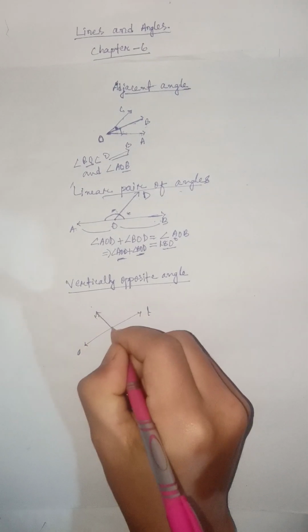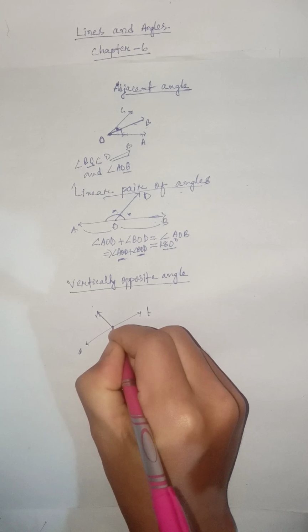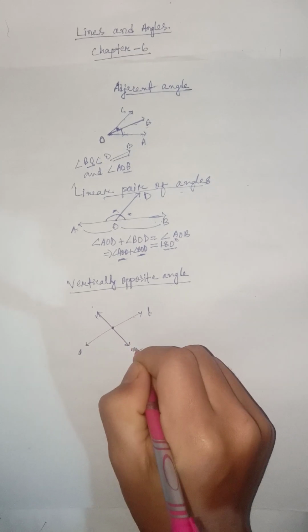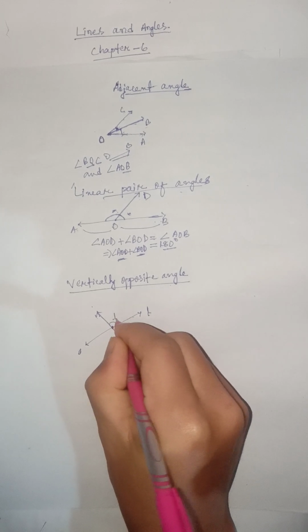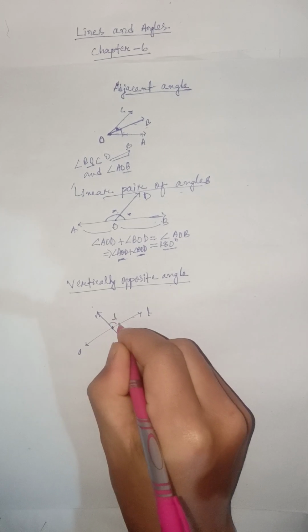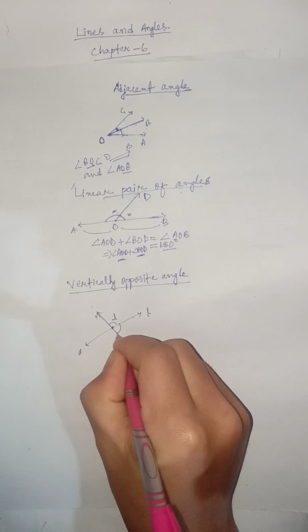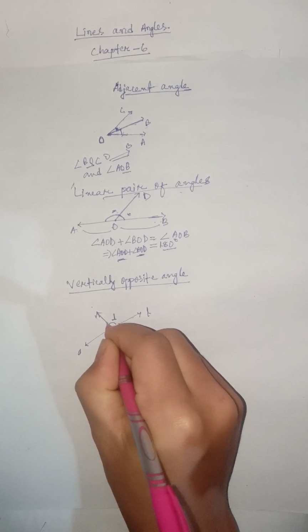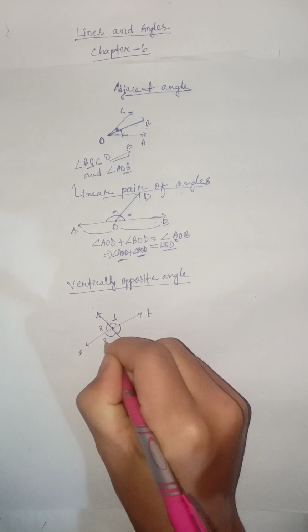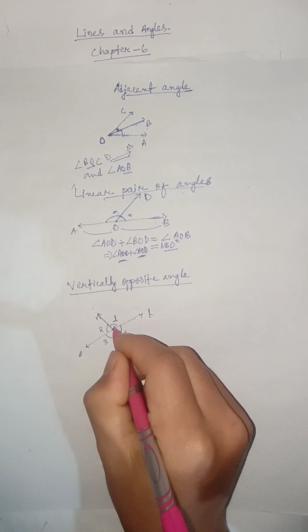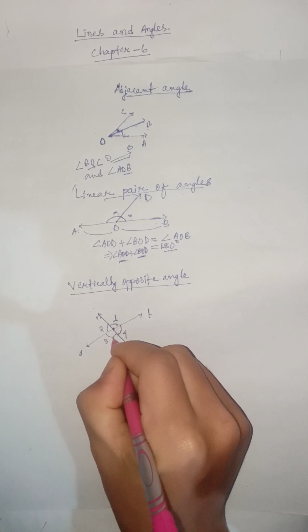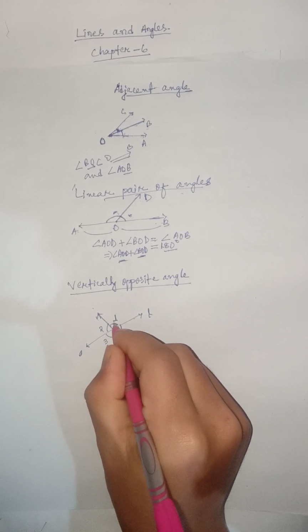Alright. Now what is that? Here are the points where these two lines L as well as M intersect each other. Let me take this angle as 1, this one as 2, this one is 3, and this one is 4. Then this angle should be equal to this, since they are vertically opposite to each other.